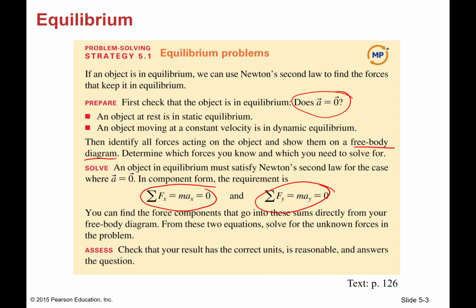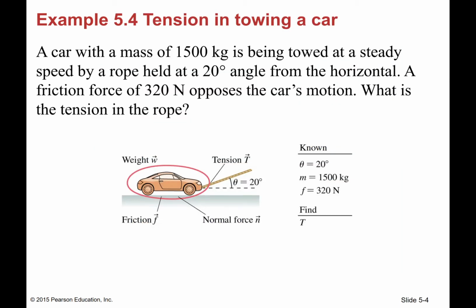So let's look at a quick example of how to do that. We have here a car, and the car is being pulled by this rope. The car has a mass of 1500 kilograms and it's being towed at a steady speed, so the velocity is constant and the acceleration is 0.